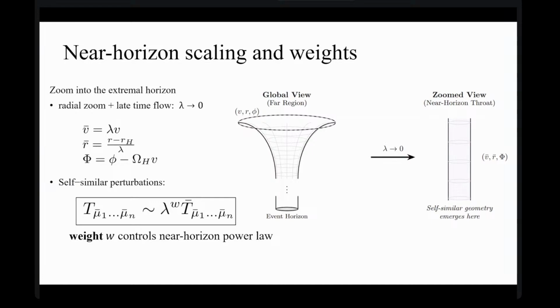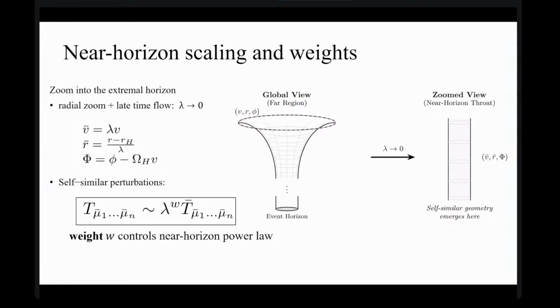And you want to zoom into the throat by taking this lambda parameter going to 0 to get this coordinate transformation. We have a time parameter v, we have some radial parameter r. We will be moving into late times by multiplying v by lambda and taking lambda to 0, while we will be going very near to the horizon by dividing this radial parameter by lambda.